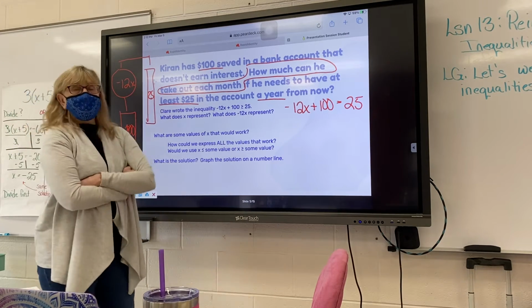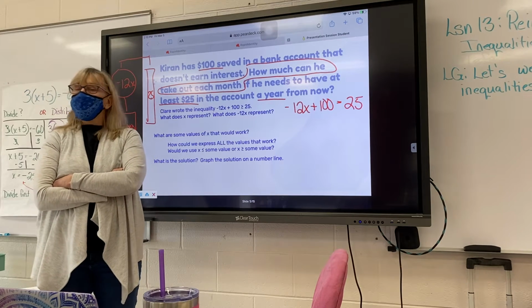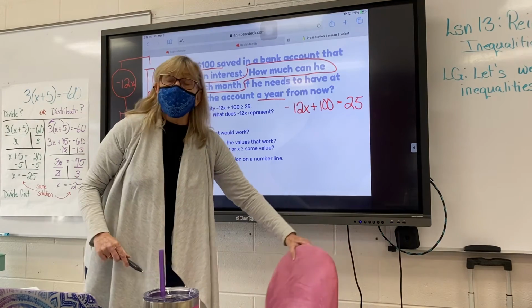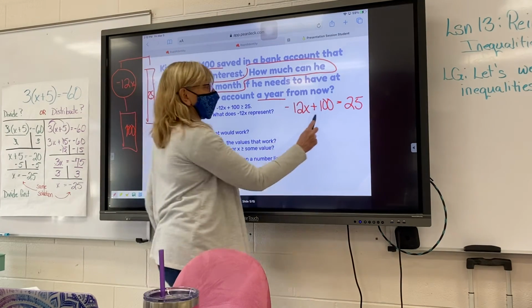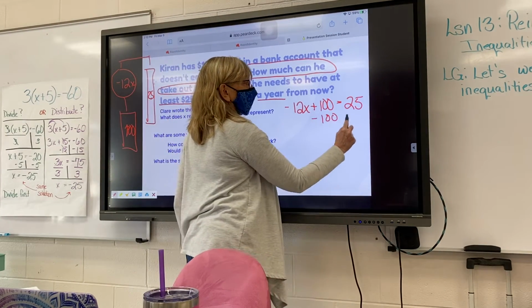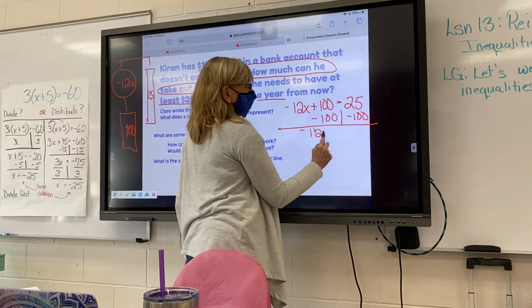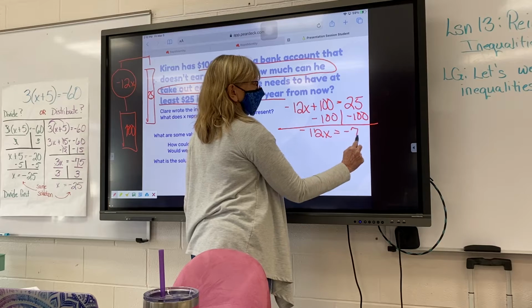So what am I going to do first? Take the 100 out, because we want to get the variable term by itself. Good. So I'm going to subtract 100. Now I get negative 12x equals negative 75.